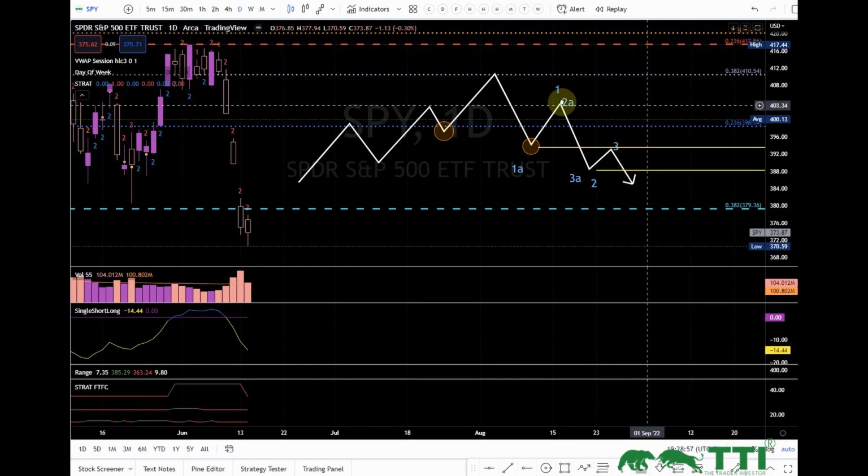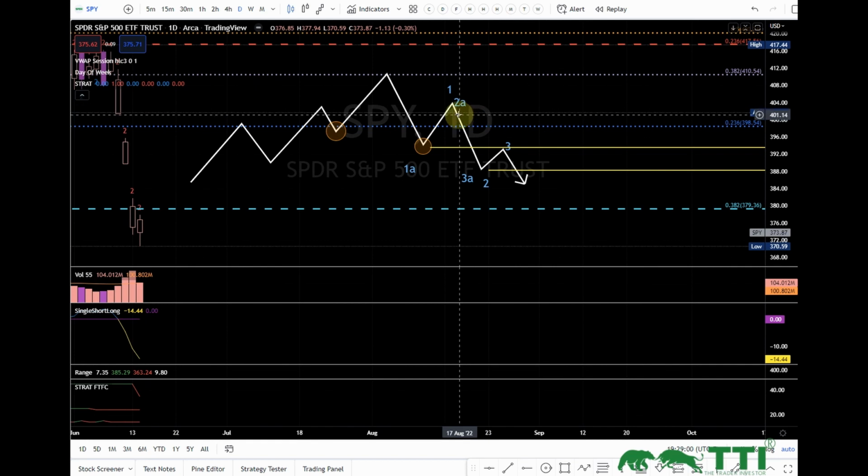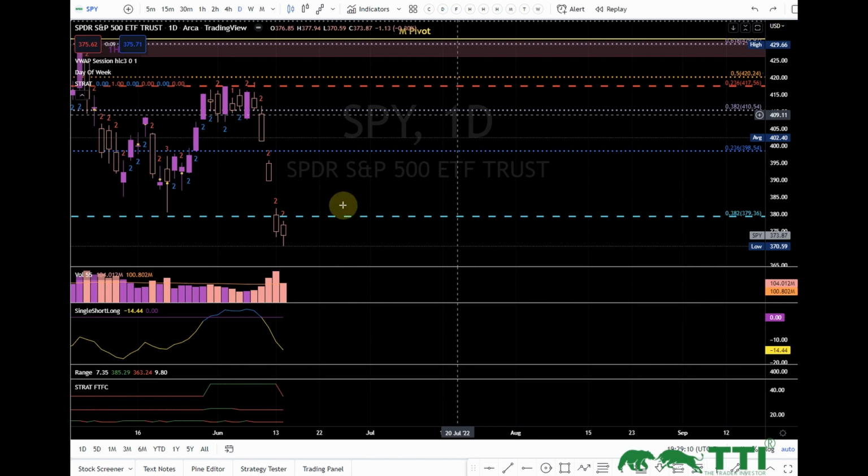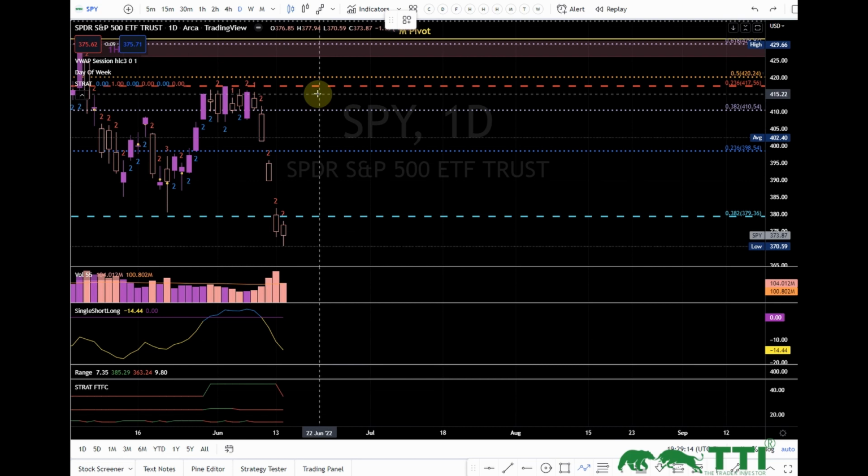Okay, good. So we can delete everything that we have drawn here, just to remove complexity. So same thing to the downside.